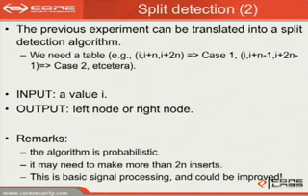However, we need to mention that sometimes it didn't take 2n inserts, but it took a little more. So maybe there will be a lot of noise, and this i plus n and i plus 2n will not be located at the start of our insertion strategy, but maybe further. So instead of making, let's say, 1,000 inserts to detect one node split, maybe you have to make a few thousand.